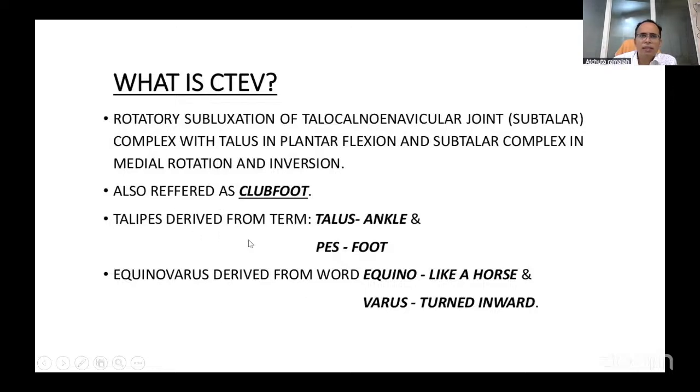CTEV is the deformity at the ankle and foot, at the subtalar joint and ankle joint. The main tarsals involved are talus, calcaneus and navicular, along with rotation and inversion of the foot.